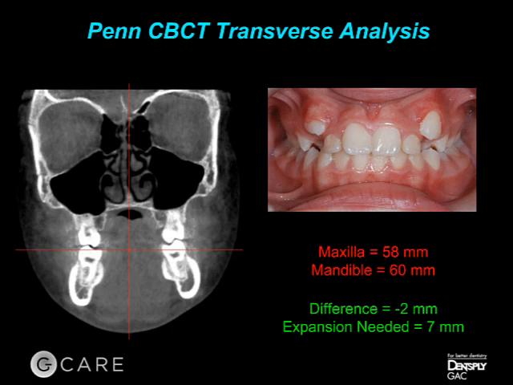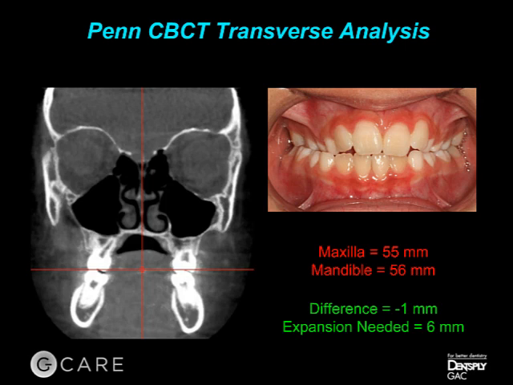So let's take a look at another case. Now, here's a case that is in crossbite. All right, now you would say, well, okay, if I showed you a case that was in crossbite and a case that wasn't in crossbite, the case in crossbite needs more expansion because we need to correct the crossbite. Well, in this case, actually, the expansion need was only 6 millimeters.